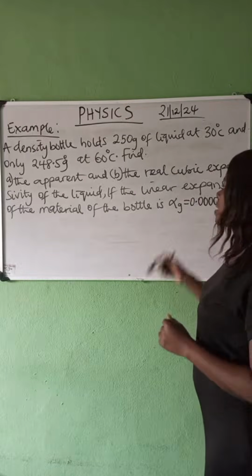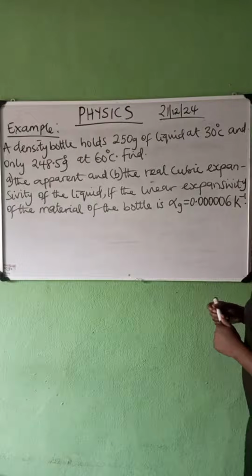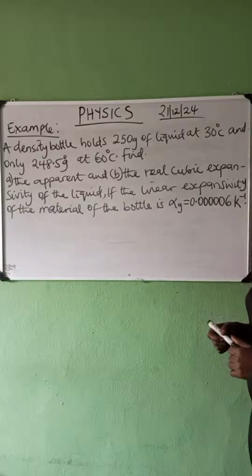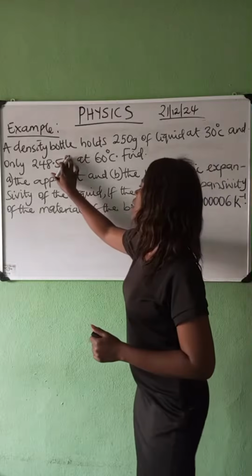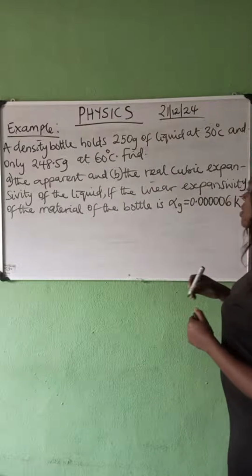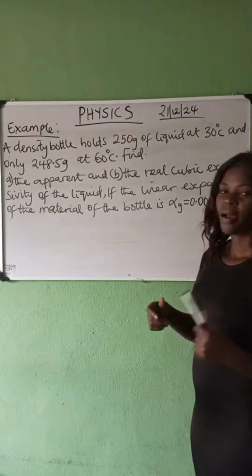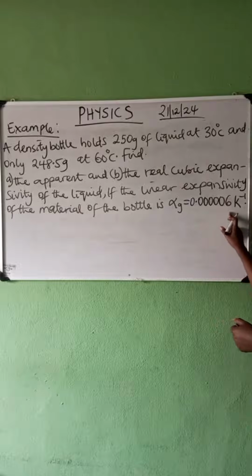Let me go again. A density bottle holds 250 grams of liquid at 30 degrees Celsius and only 248.5 grams at 60 degrees Celsius. Find A, the apparent cubic expansivity, and B, the real cubic expansivity, if the linear expansivity is given as this.